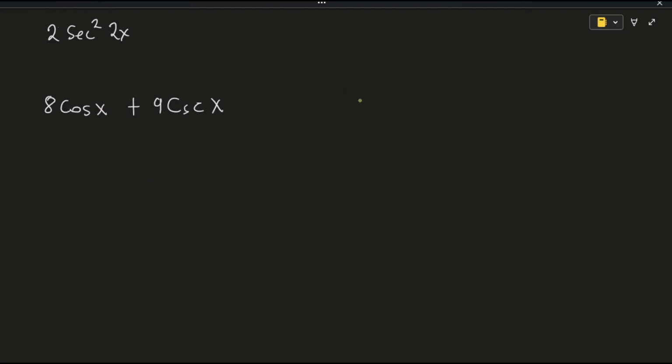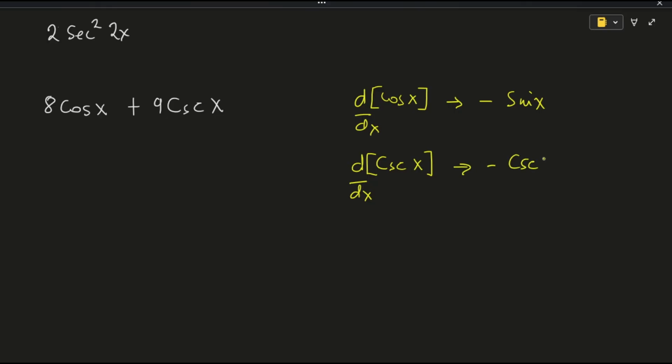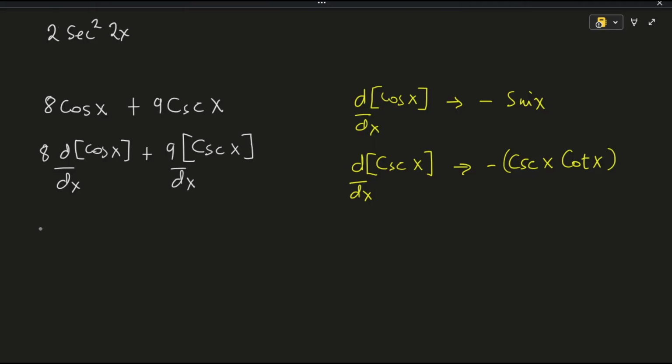Now, the derivative of cos x is given as, and the derivative of cosecant x is given as, so the derivative of this trig function, so we're going to have, so that is the answer.